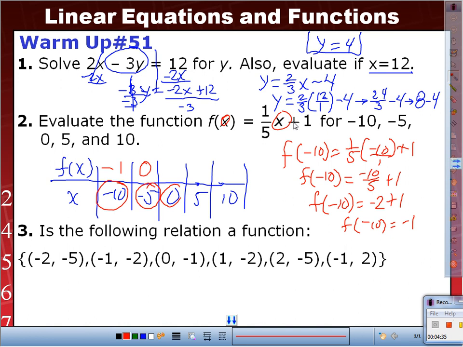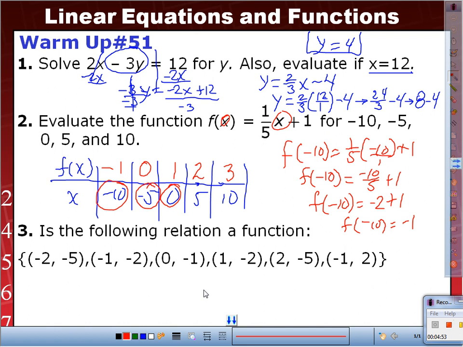What is 0 times 1/5? And what do we have left? 1. Next one, 5. What is 5 times 1? 5 over 5. What is 5 over 5? 1, plus 1, 2. And then 10 over 5, that's 2 plus 1, that's 3. Hands if you got that. Okay? Very simple, right?